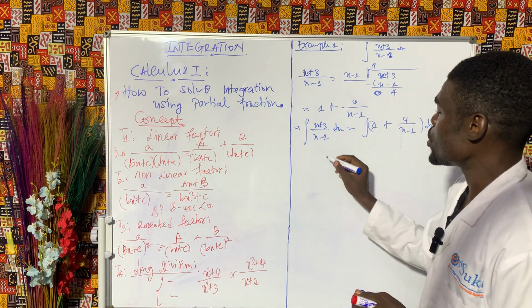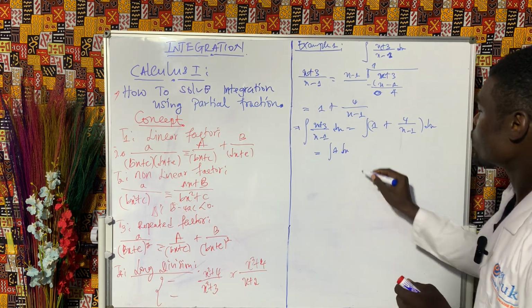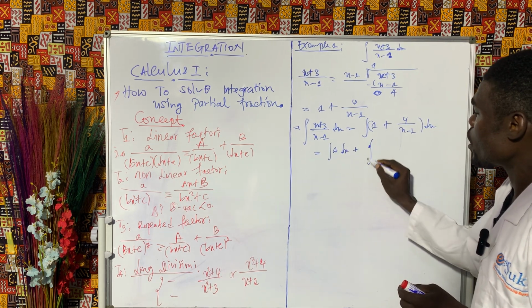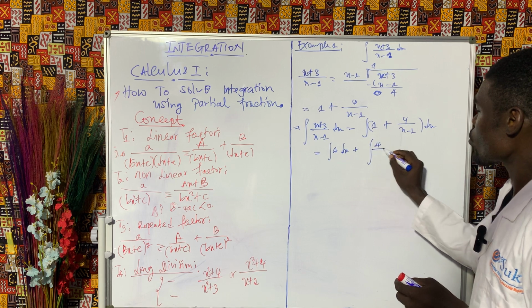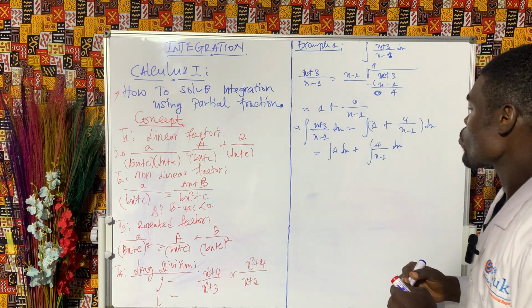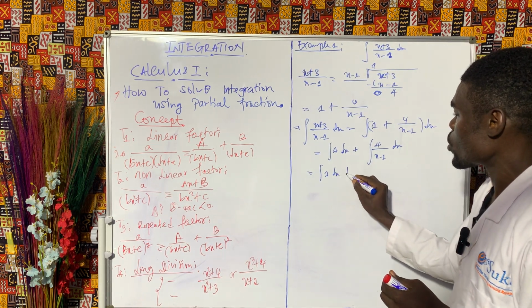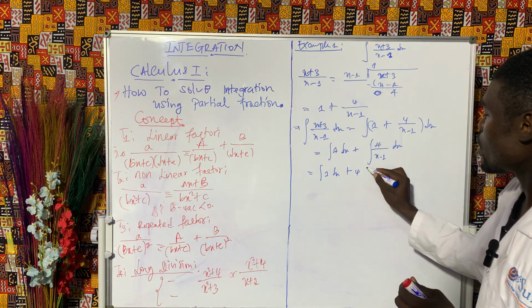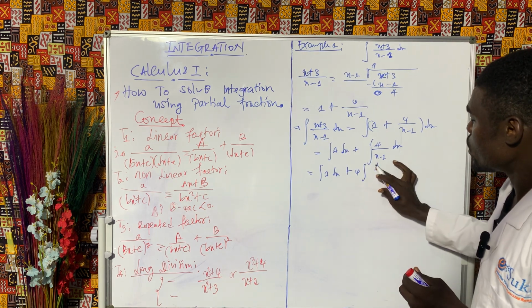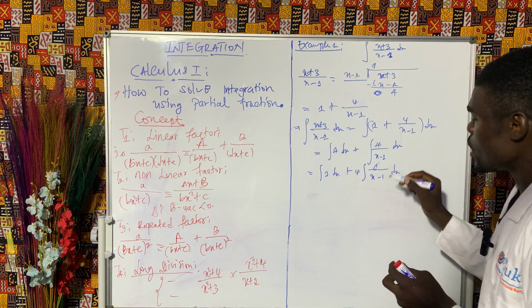So we can linearly distribute our integral as integral of 1 dx plus integral of 4 over x minus 1 dx, as you can see on the board. We can take 4 out of the integral as a constant since it's independent of the variable x.